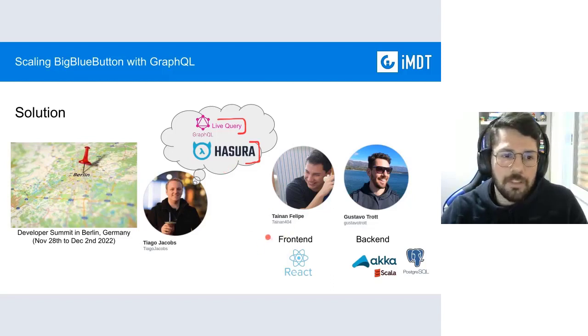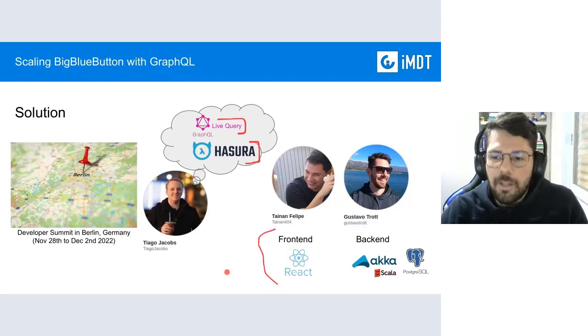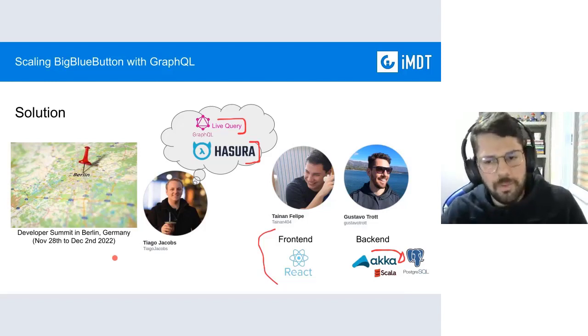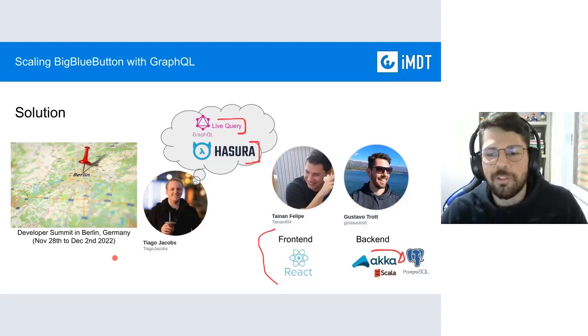And so we started immediately to work on it. Tainan created a client side, a front-end client, and I started to change the backend to insert data in a Postgres database with the data of the meeting. During the week in the summit, we created a prototype, and it seemed very promising. So after the summit, we continued with this idea.